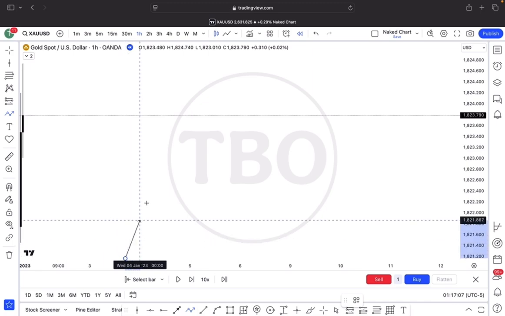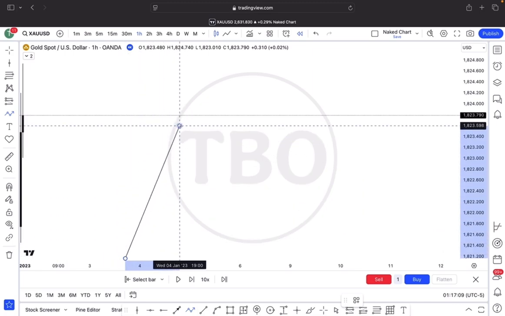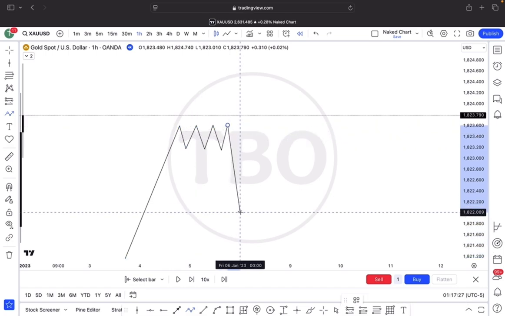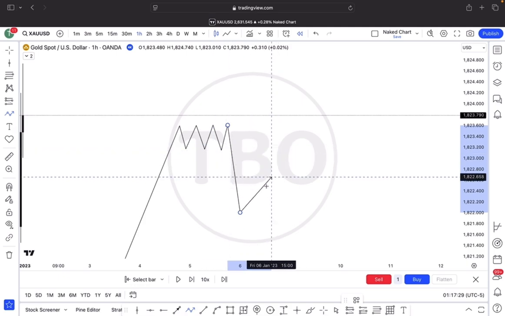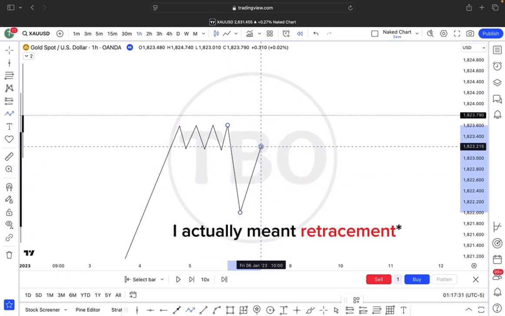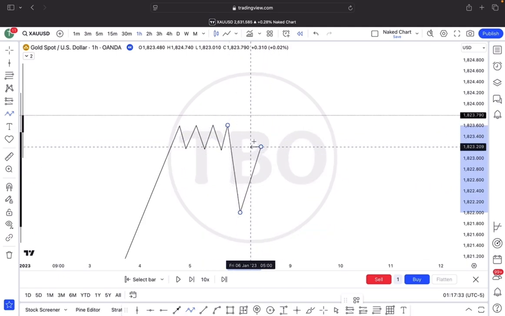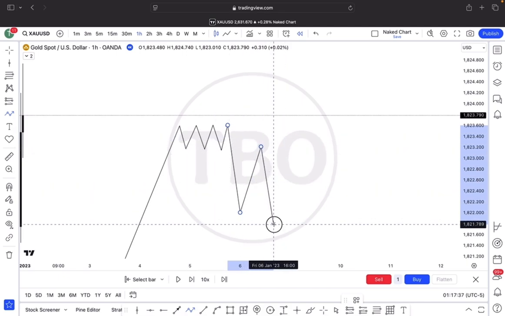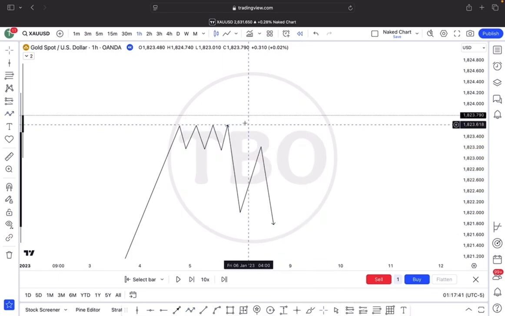First you have a rally, then you have a base, then after the base you have a drop, then a reversal, then you look for your entry when you get that reversal back to the base, then profit. You get where I'm coming from.